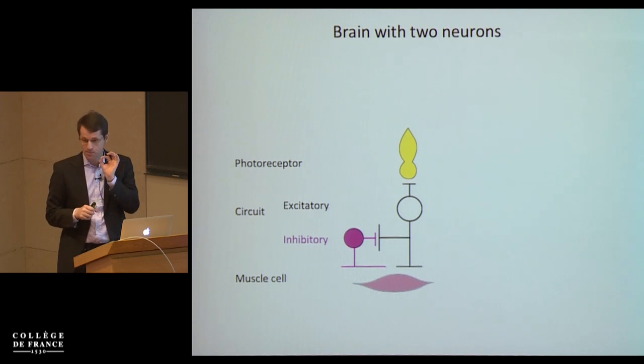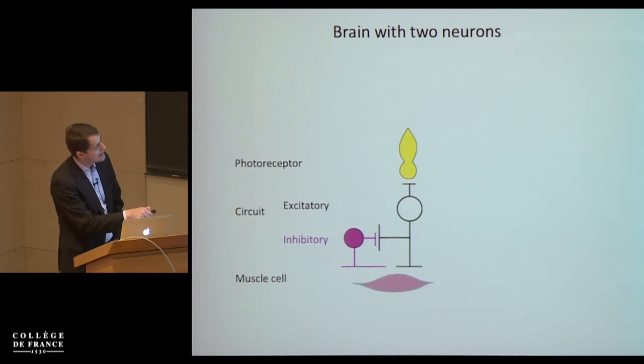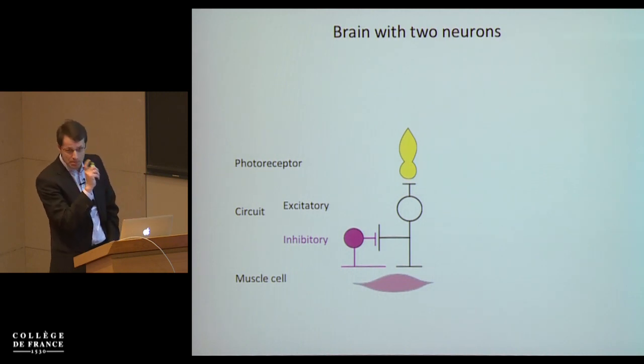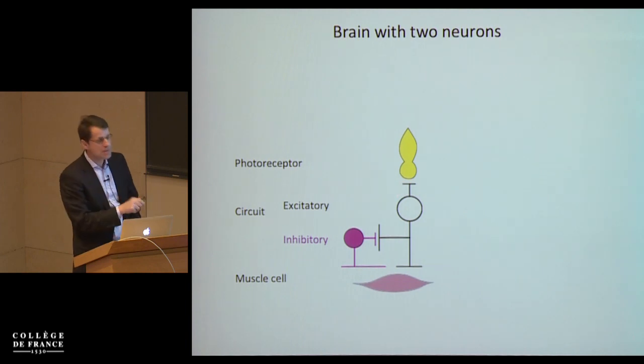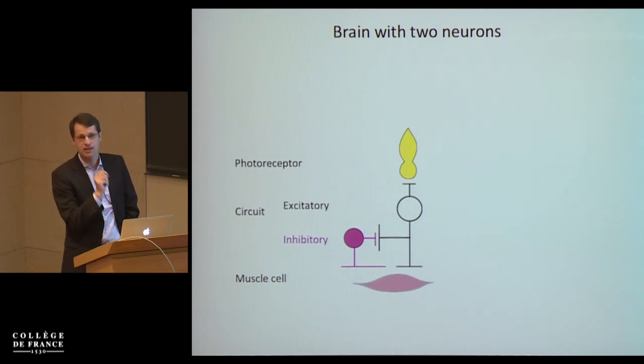So there are several very important points here. One is that this excitatory neuron, in this little circuitry, has an axon directly exciting the muscle cell, and it has another axon which talks to the inhibitory neuron. So there is a little delay because this has to excite the second cell. And the second important thing is the fundamental difference between an inhibitory and excitatory neuron.